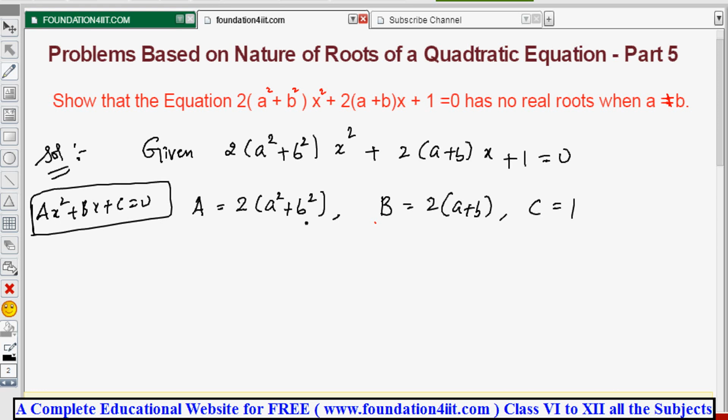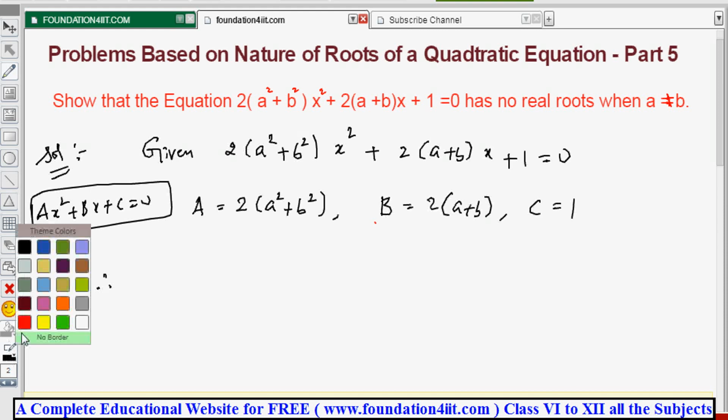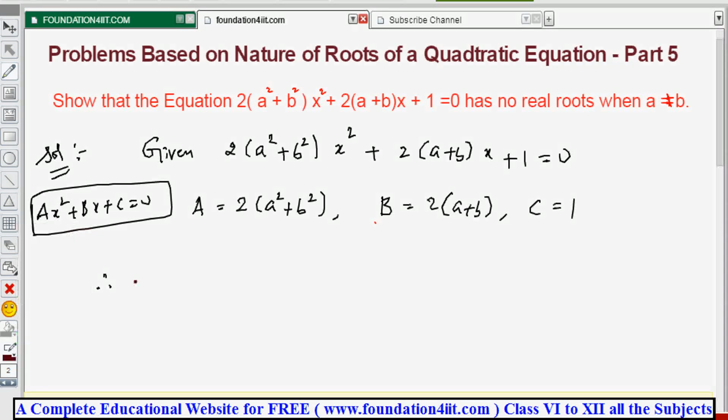Now we need to prove the discriminant is less than 0. Then you can confirm that there are no real roots. So the discriminant D is equal to B² − 4AC. I'm using capitals here, so instead of getting confused with small a and b. Now we need to prove this value is less than 0.